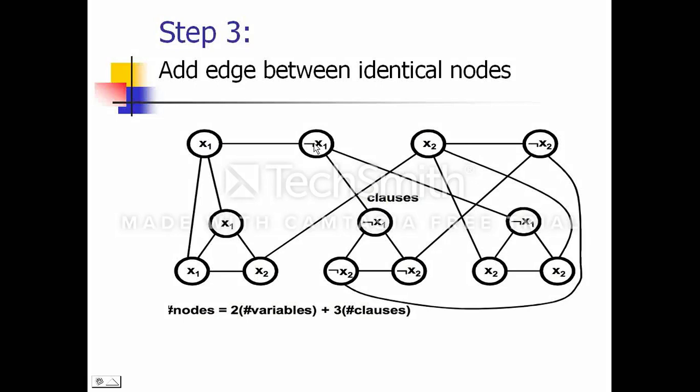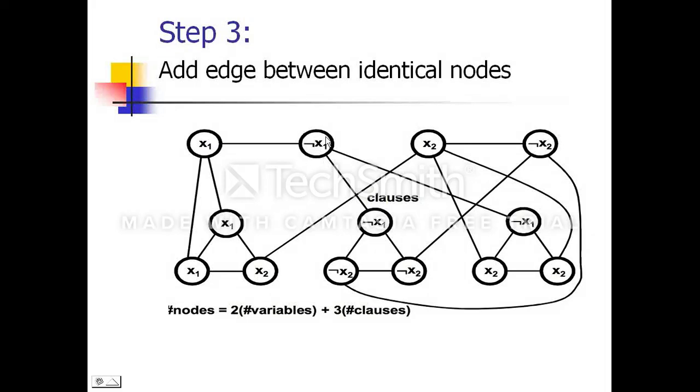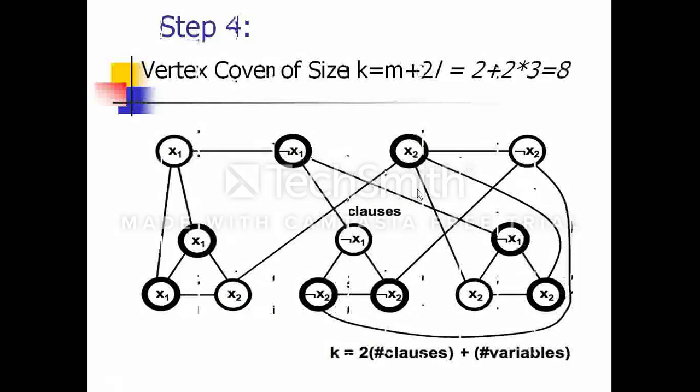Similarly, negation of x1 of the variable gadget is connected to the negation of x1 node present in the clause gadget. So identical nodes are joined together, that means they are connected through an edge in order to form a graph structure. This is the new graph constructed using the variables and clauses which were given as the input.